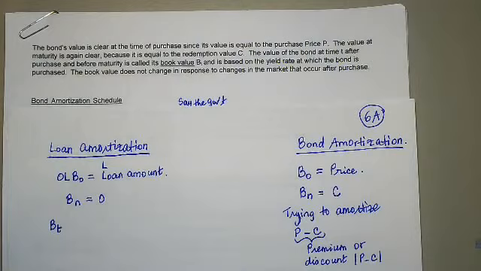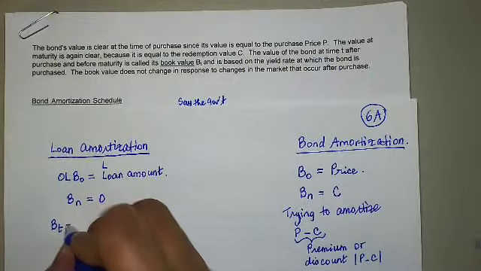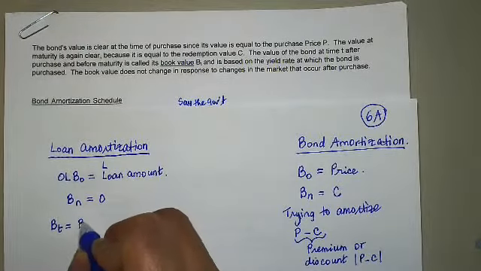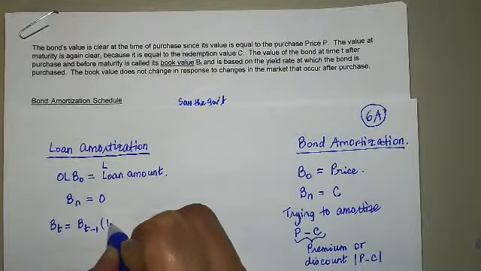What was the formula for B of T in the case of loans? What did it used to be? Hello? OLB T, what was it before? Yeah.